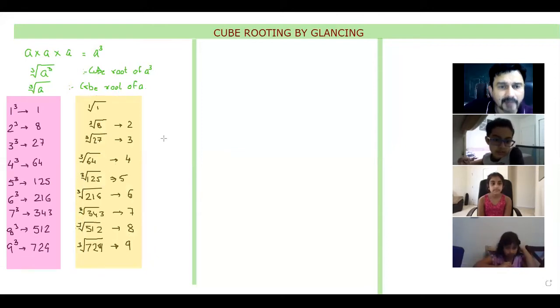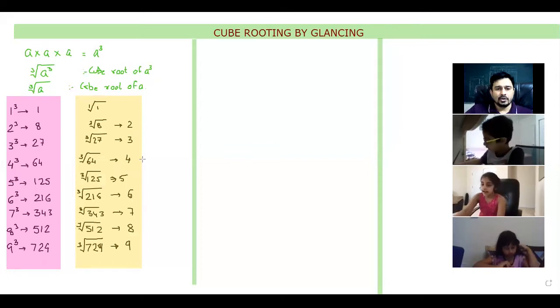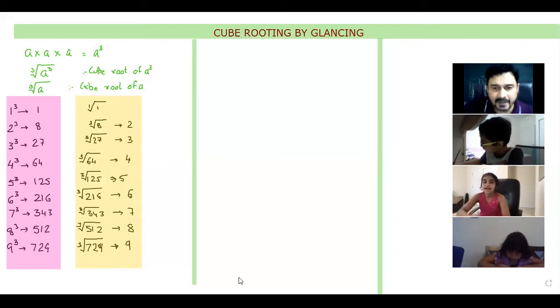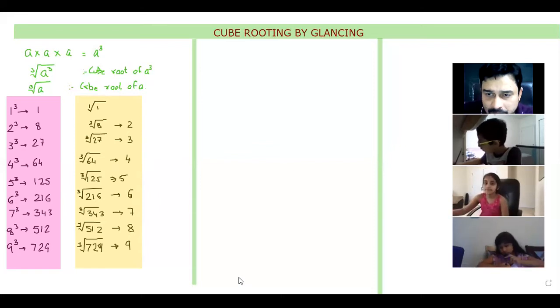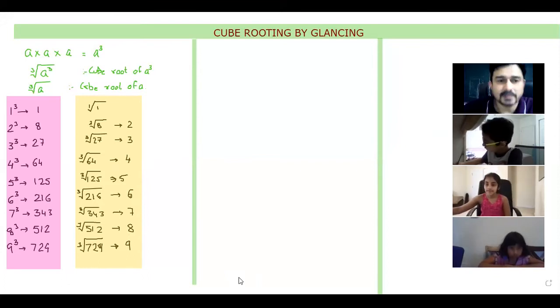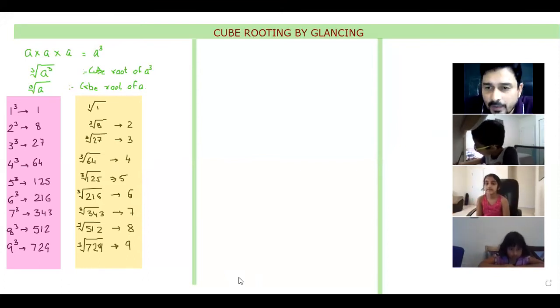Fine. Just note down these cubes and repeat them 3-4 times. Then I'm going to ask you at random. For example, I will say cube of 5 is, so you must be able to write 125.